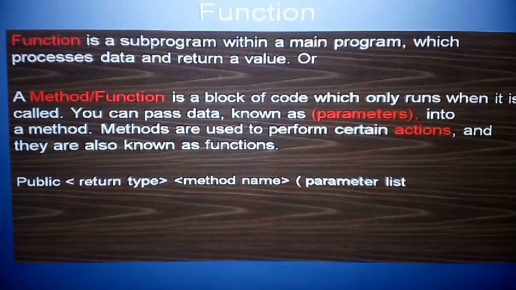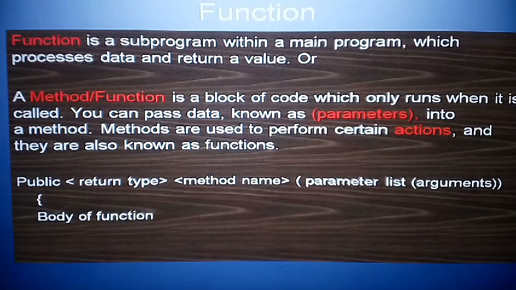And the second definition of the function: a method or function is a block of code which only runs when it's called. It means you call it, then it runs. You can pass data, known as a parameter.